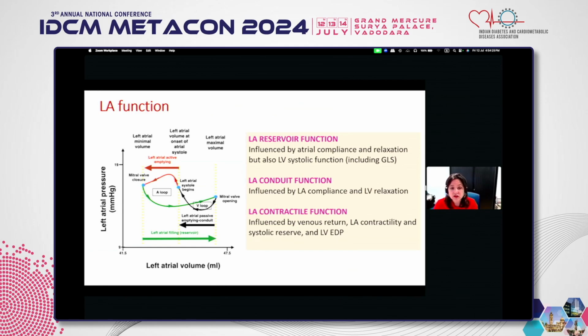The conduit function is instead purely influenced by left ventricular relaxation when the mitral valve opens, while the contractile function is really the booster function of the left atrium, the contractility of the left atrium.